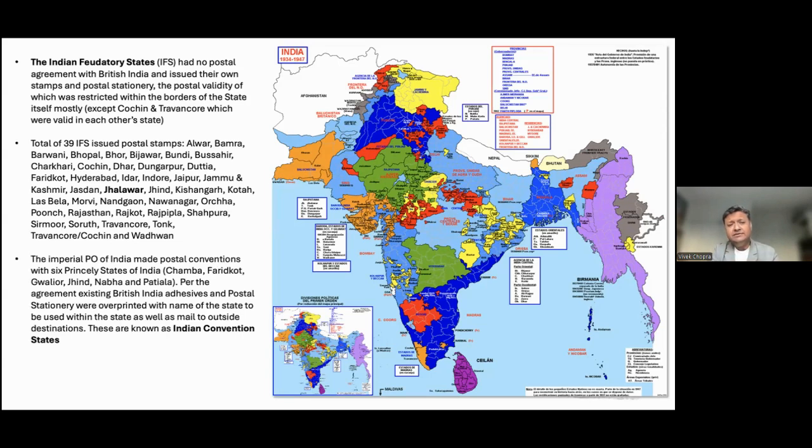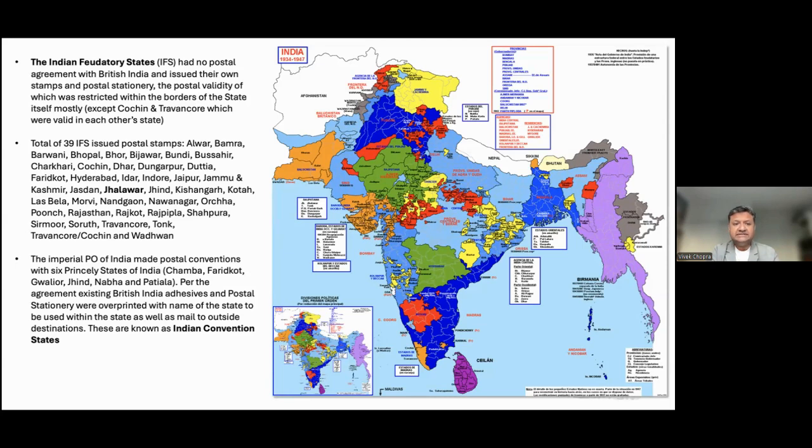Apart from these feudatory states, there was another group of states known as the Indian convention states. Both terms, feudatory as well as convention states, are widely used in the Stanley Gibbons catalog to describe these states and the stamps.